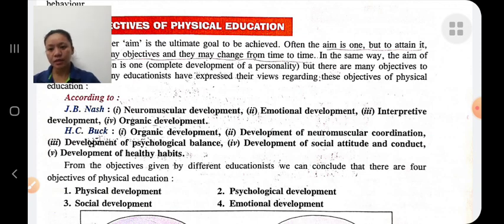Psychological development: psychology means the study of human behavior, so development of psychological balance means development of positive thought, ideas, and behavior in an individual. Development of social attitude, conduct of a healthy environment, etc.